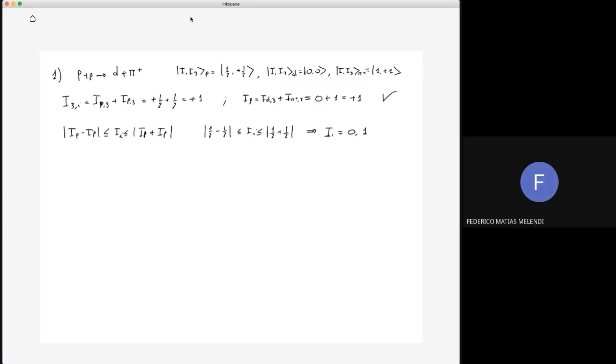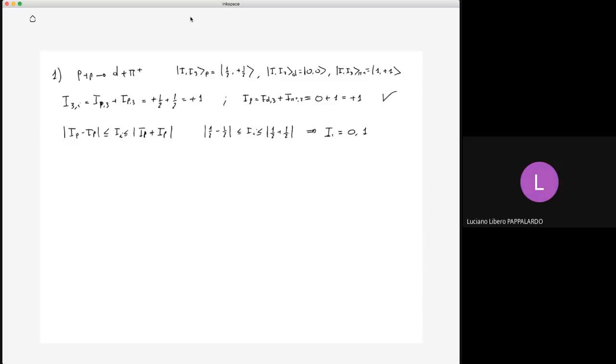Just one, because the final state has I equal to 1. Yes and no. Try to say better. So which one is not possible and why? Zero is not possible because the final state has the isospin equal to 1.